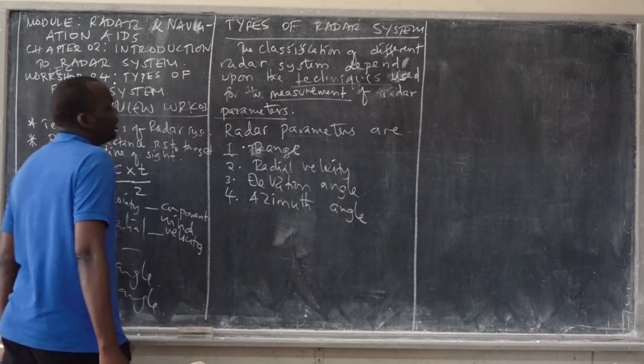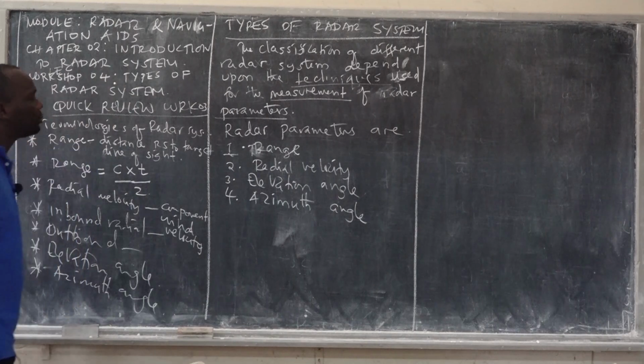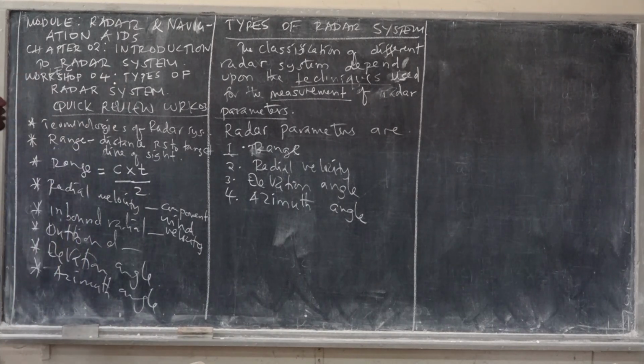So these four radar parameters are the ones we use to classify different types of radar system.